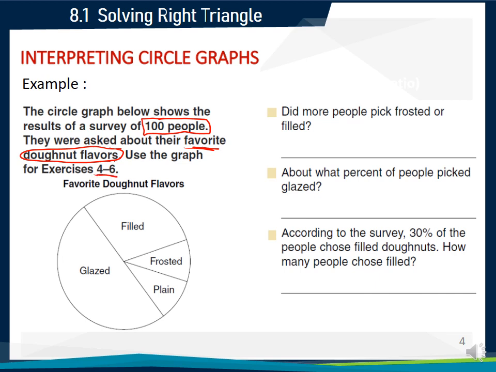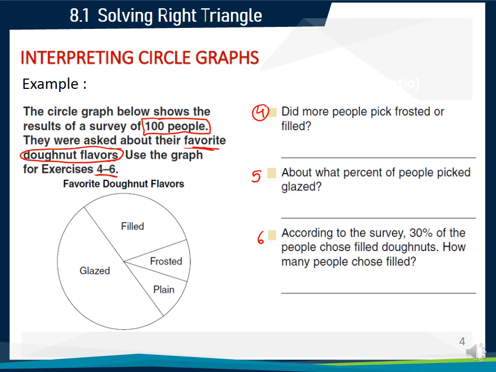We have 4 to 6, we can say 4, 5, 6. Donut flavors. We have this circle graph. We have filled, frosted, plain, and glazed. We have 4 sectors. Question 4.